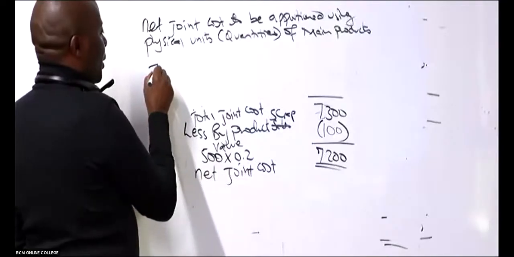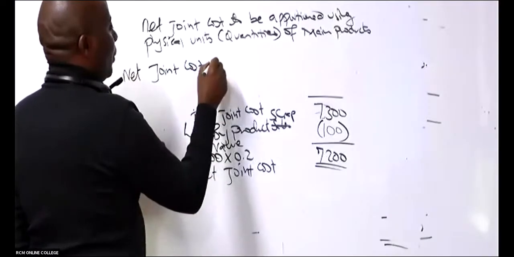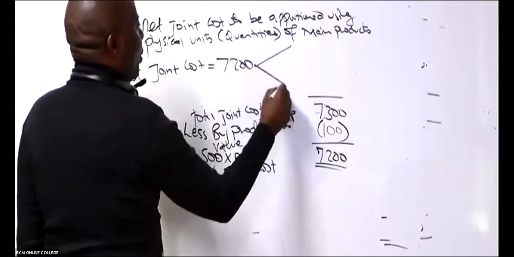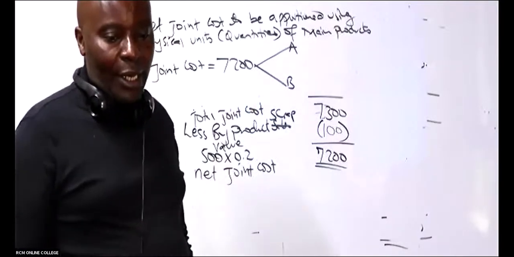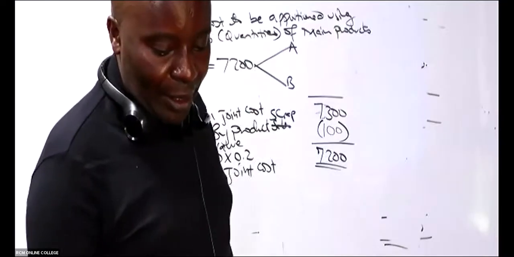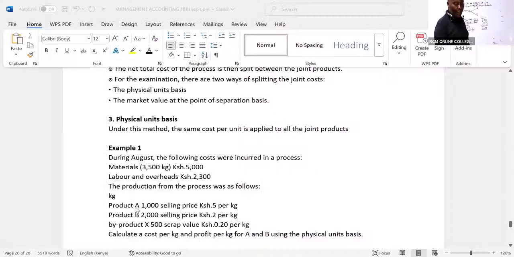So we have our net joint cost, which is 7,200. We have two main products, A and B. Do we have their physical units? Yes. On the physical units basis, product A is 1,000 kilograms and B is 2,000 kilograms.